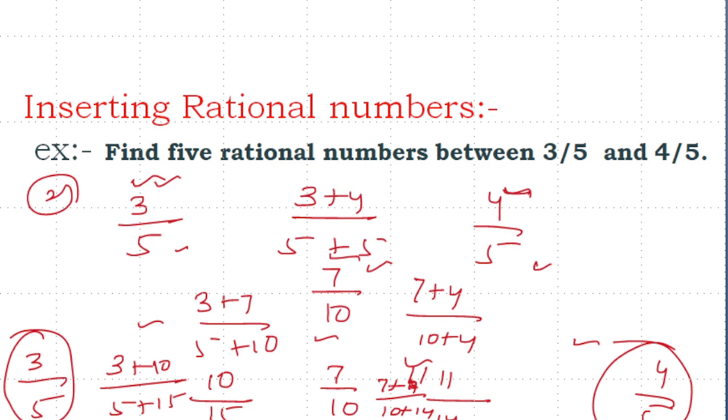If anywhere it can be cancelled, like here 10 by 15, 5 twos are 10, 5 threes are 15, and here 18 by 24, 6 threes are 18, 6 fours are 24, you can cancel it. It is not at all a problem. You can cancel or not. But these are the rational numbers, and this is the second method. Now come to the third method, method number 3, which is given in our book.